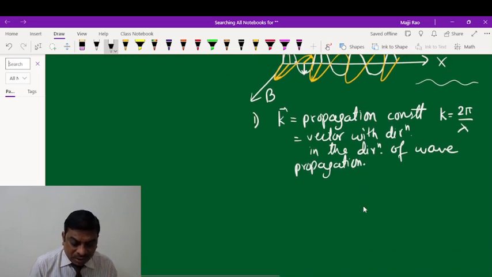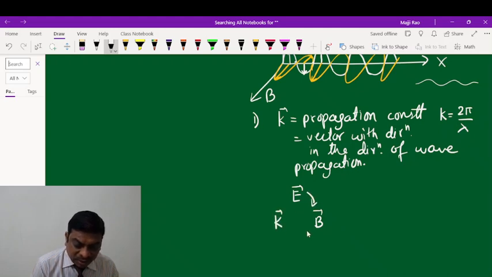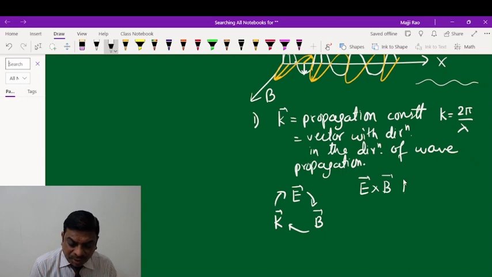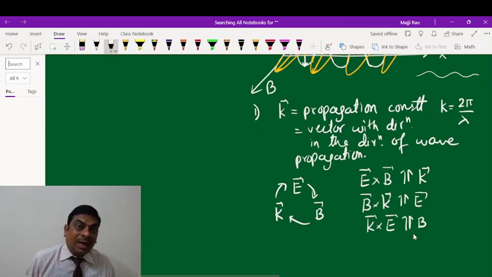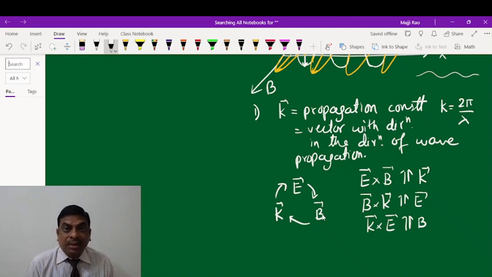You have to understand this, students, that if you take electric field, magnetic field, and the propagation constant in a cyclic order, then E cross B will be parallel to K, vector B cross vector K will be parallel to vector E, and vector K cross vector E will be parallel to vector B. It is just like i cap, j cap, k cap, the orthogonal triad of unit vectors. i cap cross j cap is in the direction of k cap, j cap cross k cap is in the direction of i cap, and k cap cross i cap is in the direction of j cap.